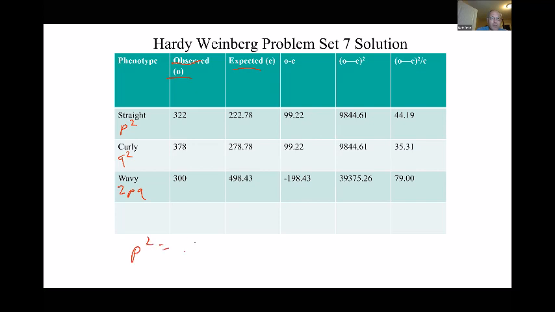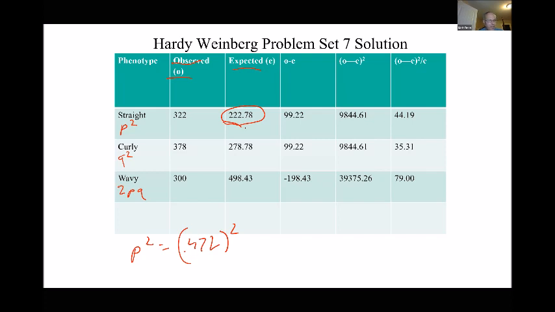So p squared would be 0.472 squared. And then we're going to multiply that by the size of the population, which was 1,000, to get an expected number. So we would expect there to be 222.78 straight-haired people if this population was in Hardy-Weinberg equilibrium.